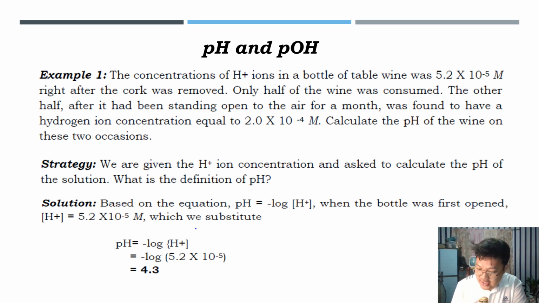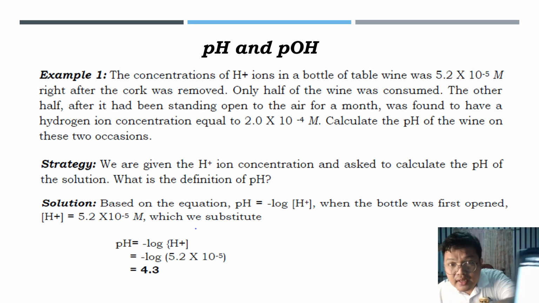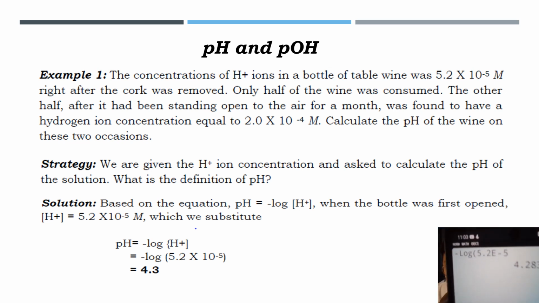So I hope you can see here in my calculator how I have calculated the pH here. Sana nakikita. Okay, that's the log. Negative log 5.2 exponent raised to negative 5. The answer is 4.283999 something.